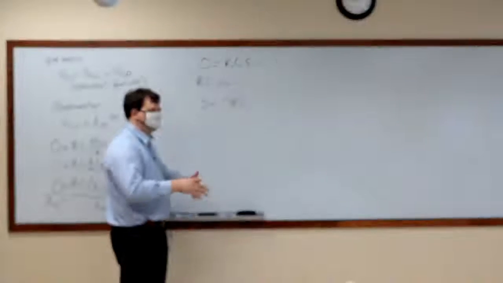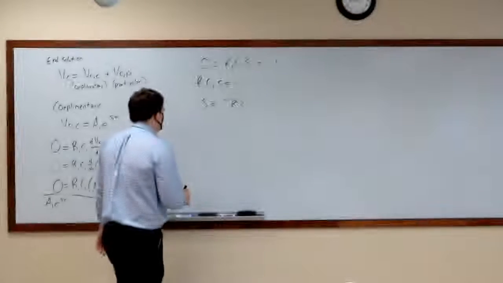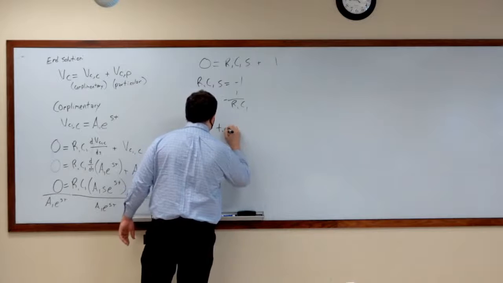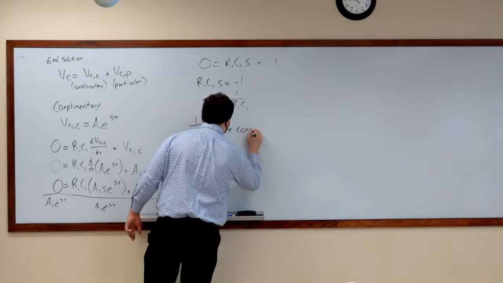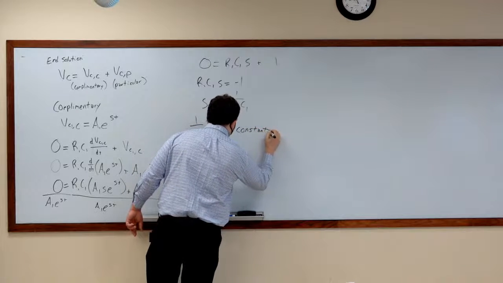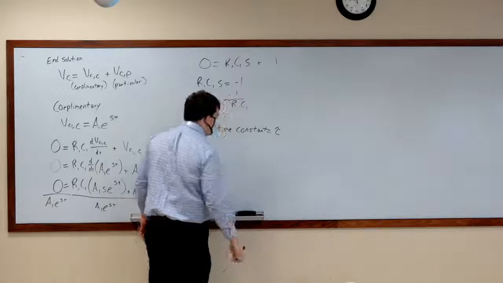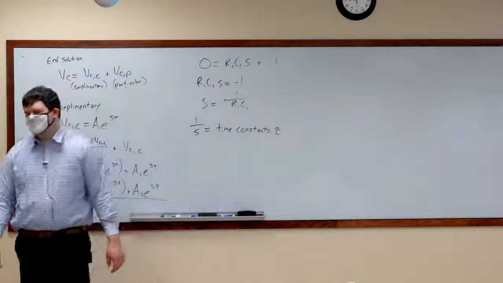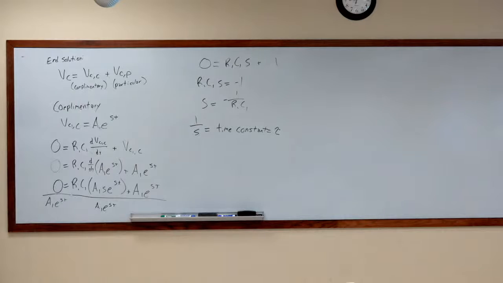What S is called is effectively the time constant, okay? We're going to call 1 over S the time constant. It's just a definition of the letter tau. I'm not going to show you why yet, but I'm just going to throw that out there right now.